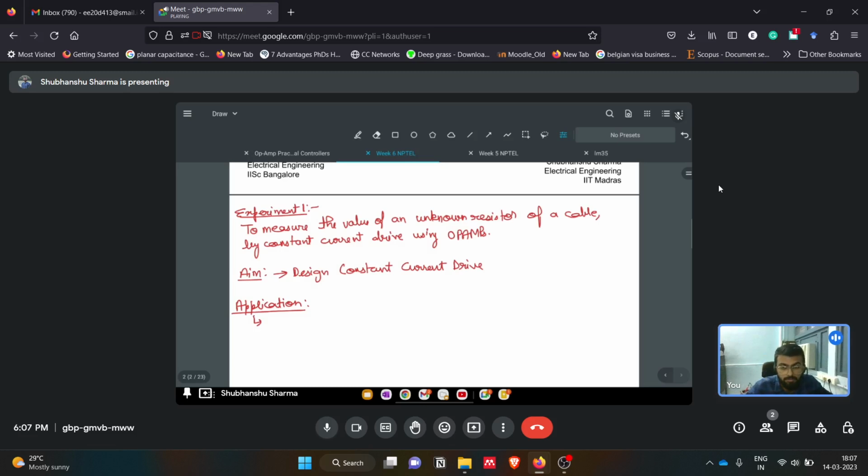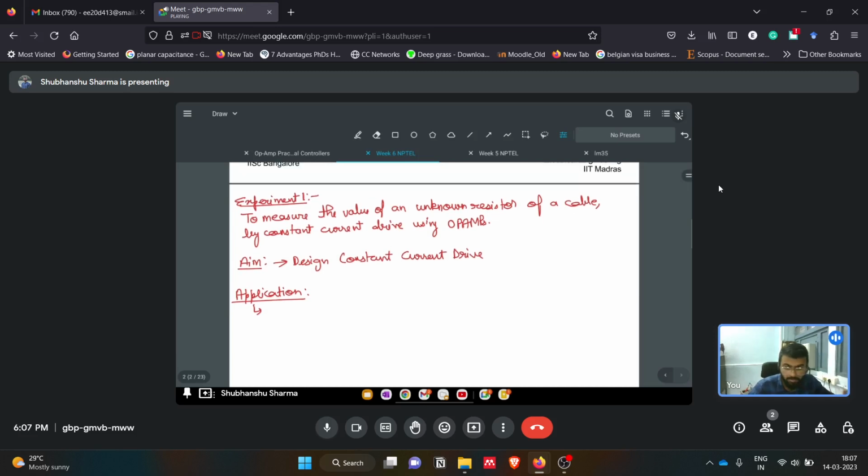The resistance changes due to the change in the physical environment, but how will we measure that? So resistance measurement becomes a key point and has importance in the electronics world.